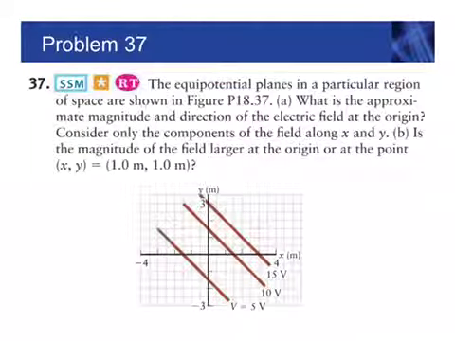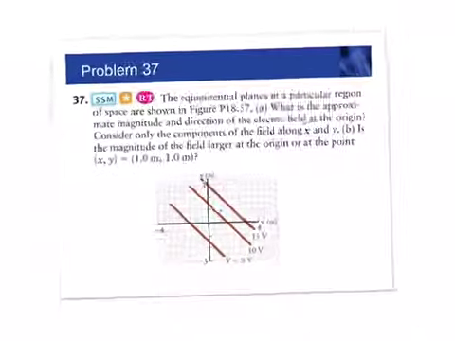Let's solve problem 37. Given equipotential planes, find approximate magnitude and direction of electric field at the origin over here, and then compare it to the field at point 1,1 over here. So let's go and calculate. Make it a little bit smaller so I can write on the side.